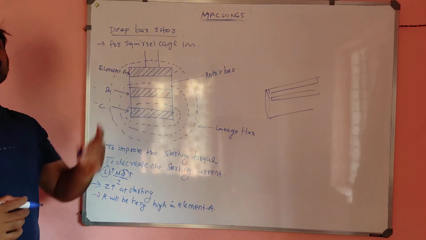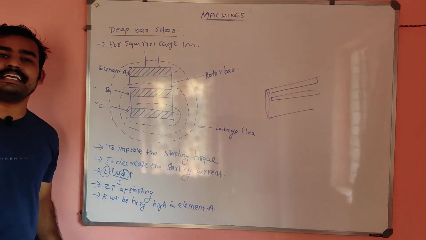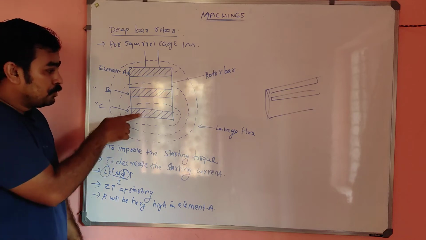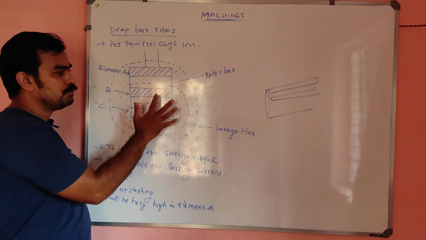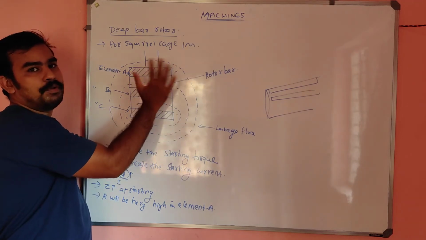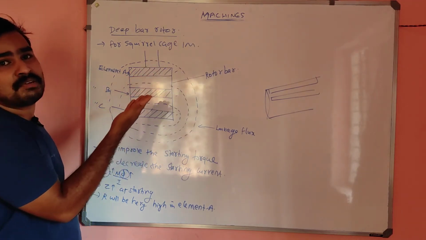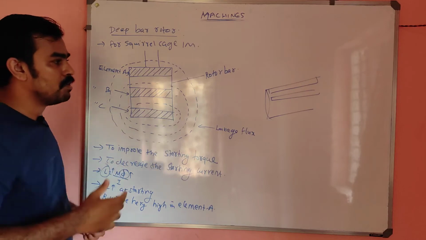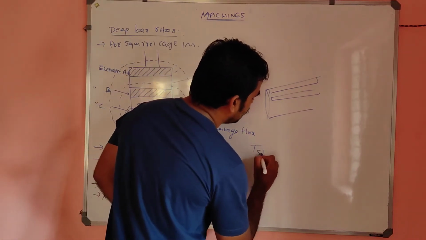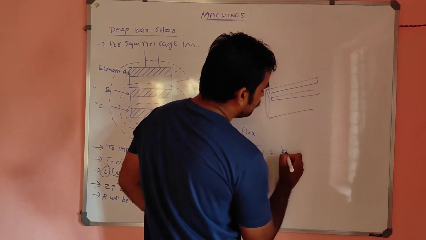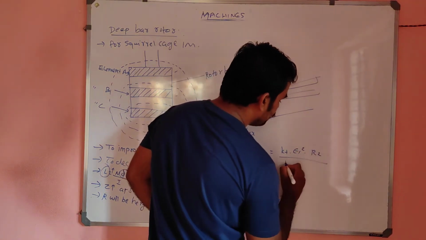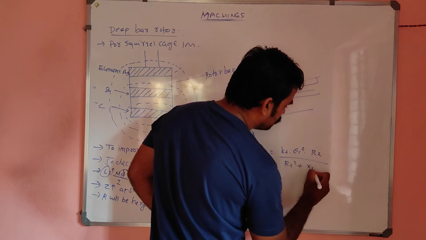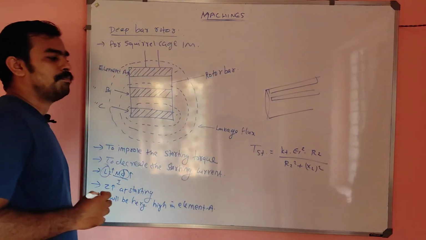So the current will try to flow in the top layer compared to the other layers, my dears. The other layers have very high impedances, so current never flows into them, but here there is a chance of flowing, though it contains a resistance also. The starting torque equation is directly equal to some constant kT into E1 square into R2 divided by R2 square plus X2 square.